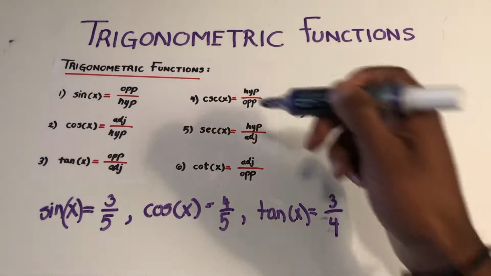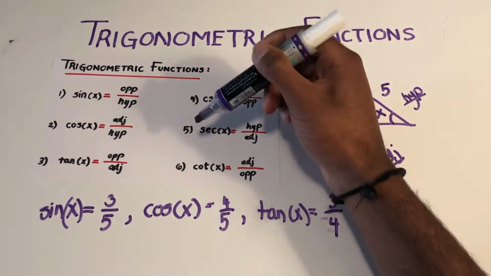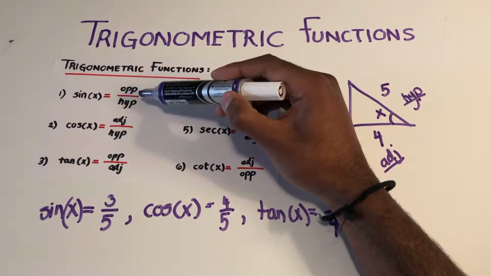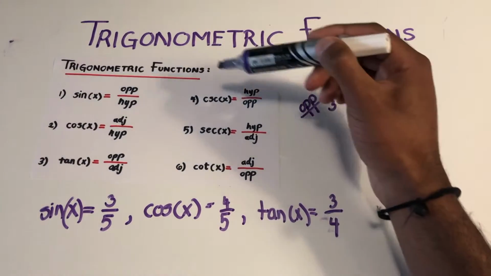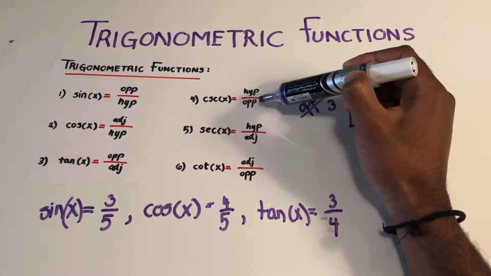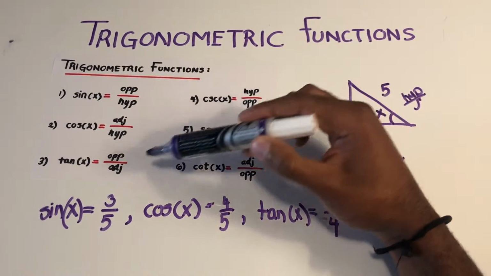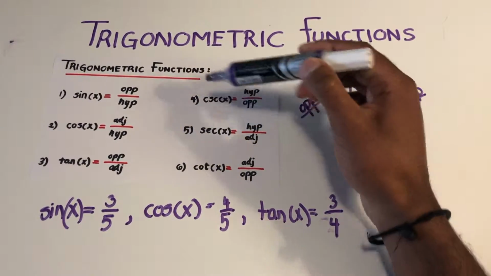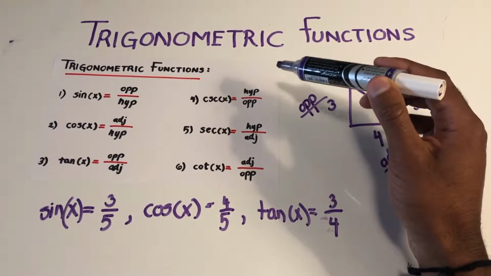Now, for cosecant, secant, and cotangent, notice how if you look at what sine stands for, what cosine and tangent stand for, all of these ratios are flipped. Basically, they got the reciprocal of the sine, put it under 1.